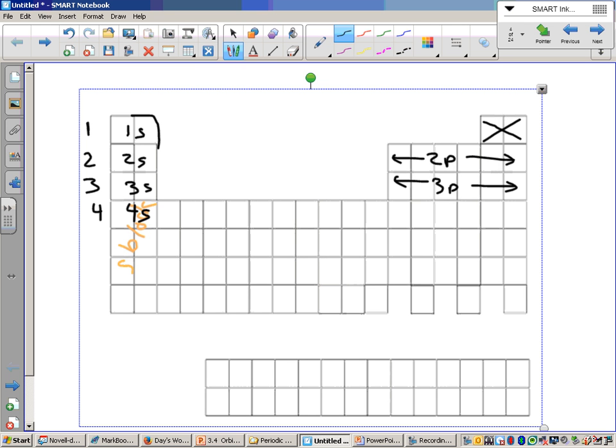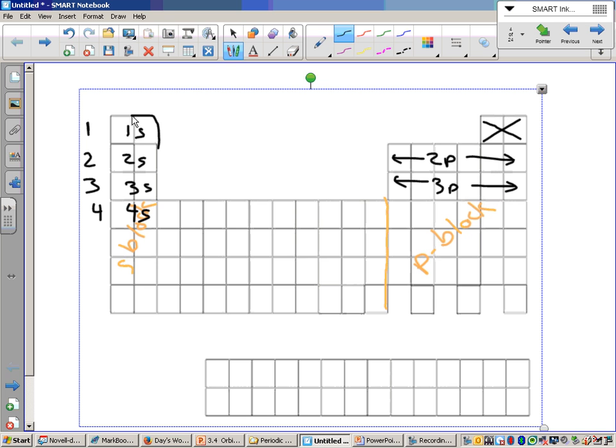By the way, this entire area over here, what do you think we call this area? The p block, because those atoms are going to have their electrons going into p orbitals.